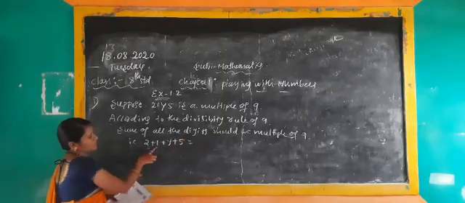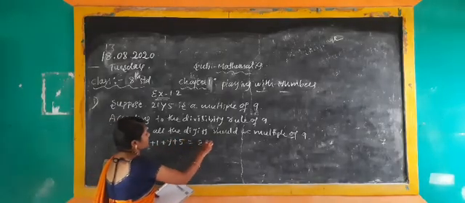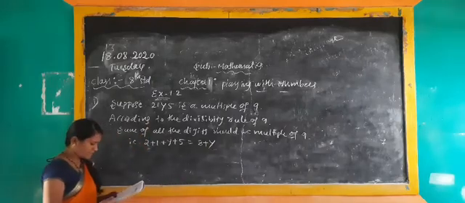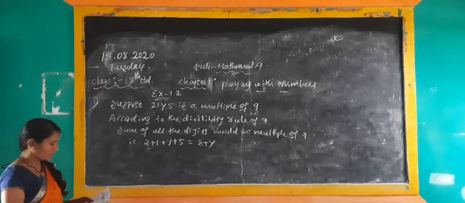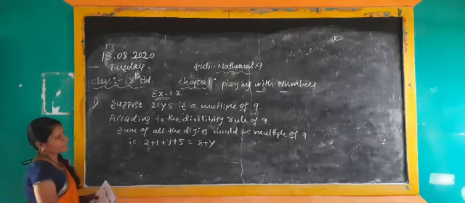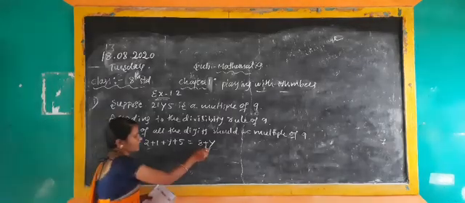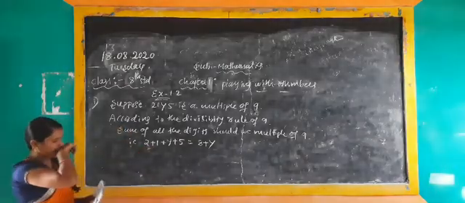How much? 2 plus 1 is 3, 3 plus 5 will be 8 plus y. Okay. Next, this is possible when, whichever value you take, you will get divisibility by 9.